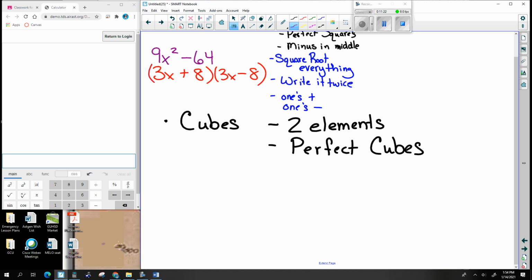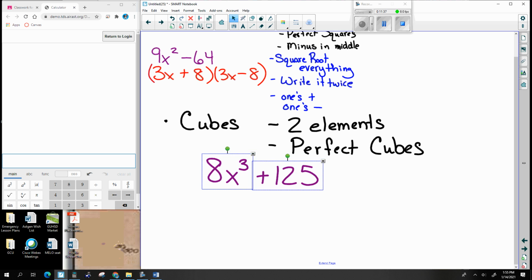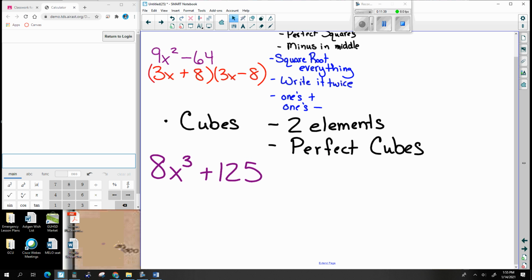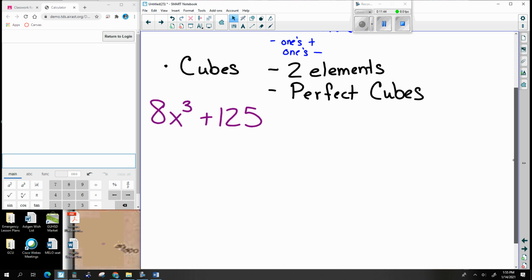So a perfect cube, for instance, is the number 8. X to the third is a perfect cube. And so is the number 125. Again, the middle could be plus, it could be minus, it could be anything. All right, so this is an example of cubes.